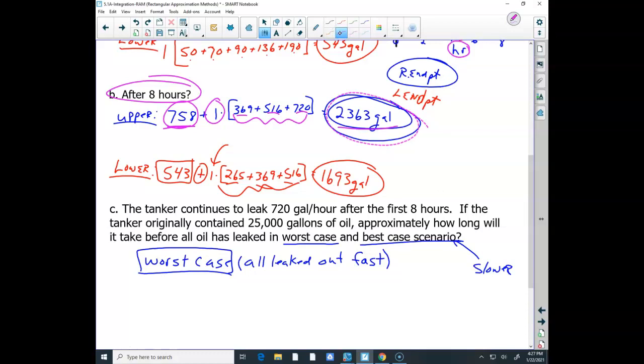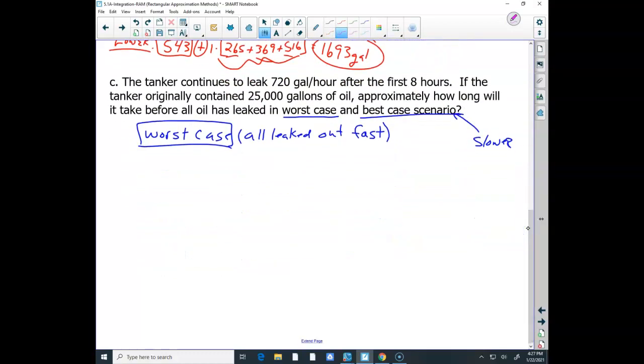So in my worst case scenario, I have 25,000 gallons in the tanker, and I know 2363 gallons leaked out in the first 8 hours, and after that, it's going out at a constant 720. This is going to give me 22,637. That's how much is left after my 8 hours, and it's going to leak at 720 gallons per hour from there.